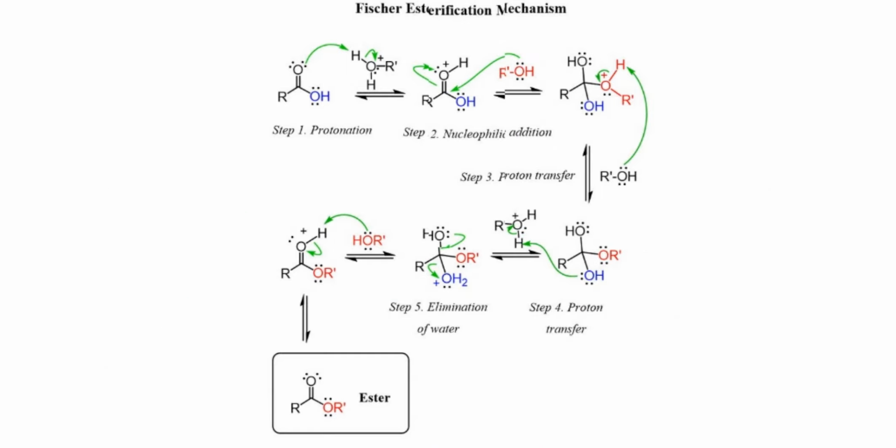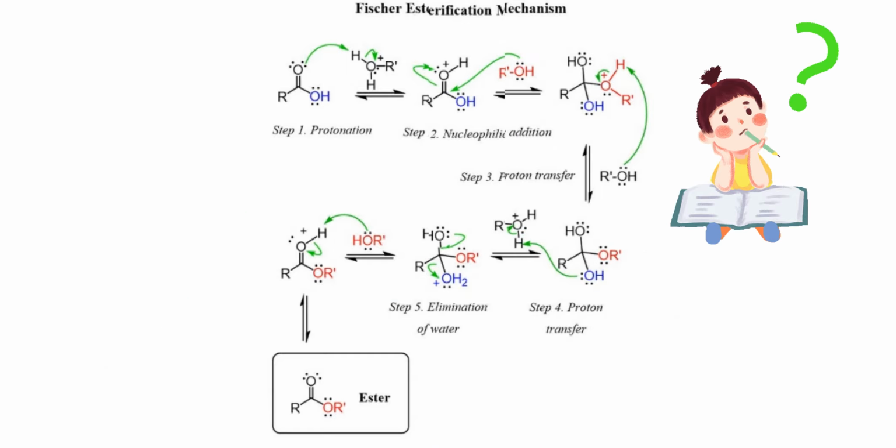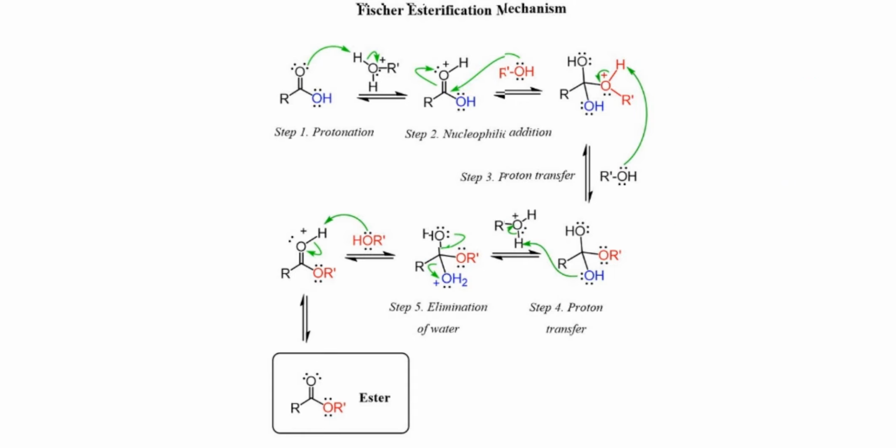Now we will learn the mechanism of the creation of ester, how we form ester starting from alcohol. Like we learned previously, it basically starts from alkane.